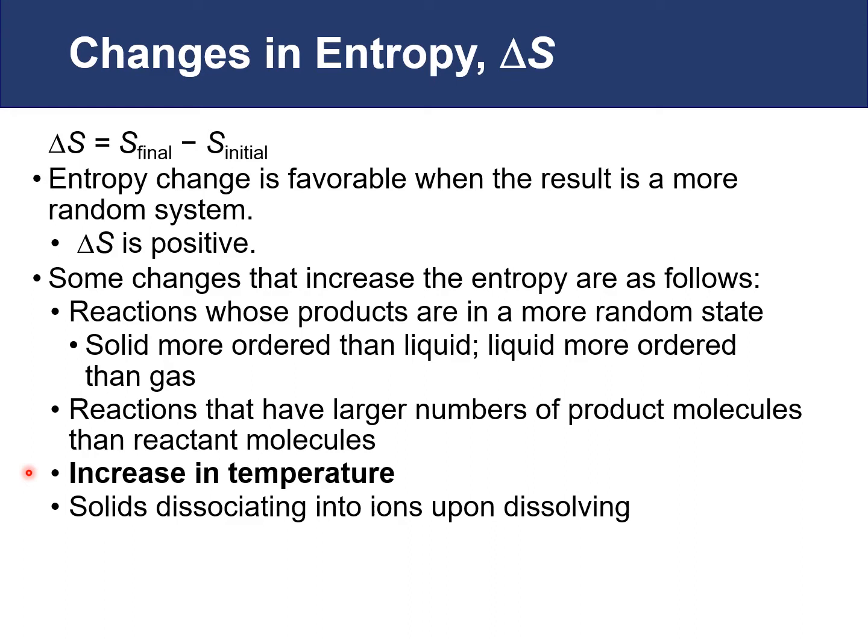So by increasing the temperature, we increase the availability of different ways of arranging the system. You could have a couple more atoms rotating than before with that additional energy. Solids dissociating into ions upon dissolving is also another form of increasing your entropy.